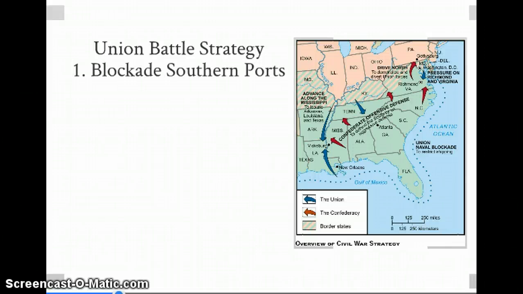The Union battle strategy was a three-part strategy: to blockade southern ports, because the Union recognized that the South did not have the factories that the North had to make weapons and other war materials. Therefore, the Confederacy was going to need to purchase these war materials from overseas. Hence, blockading southern ports would prevent access to other markets for the goods that they needed.